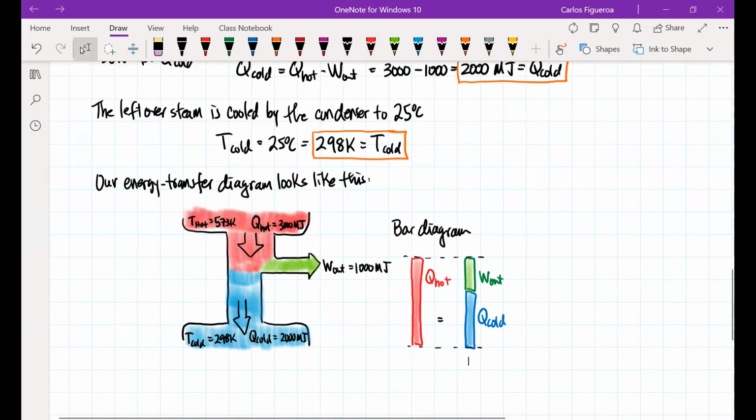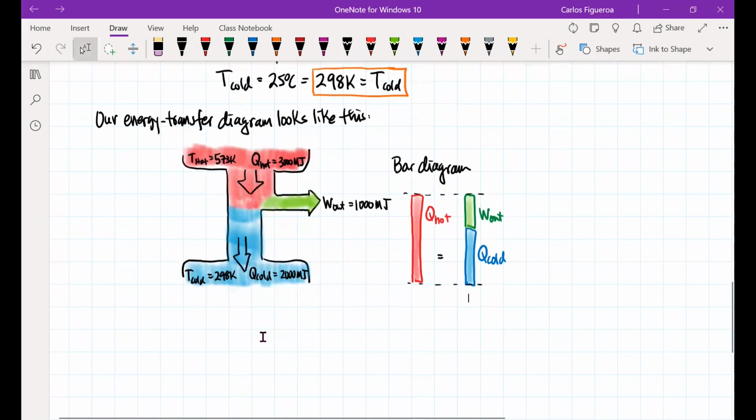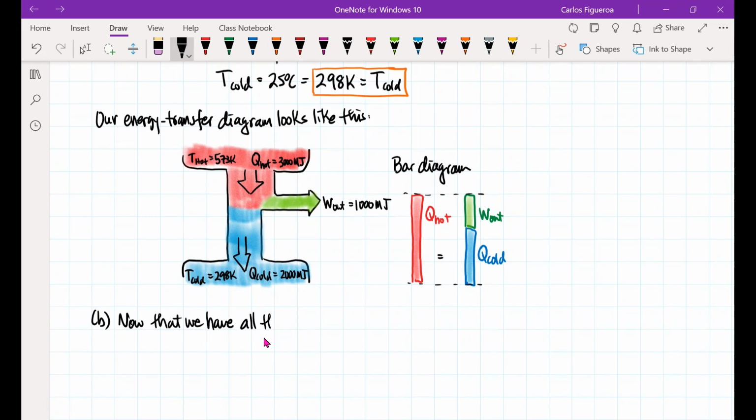So now that we have all our values, we could then calculate the efficiencies. So now that we have all the ingredients, we can calculate the two efficiencies.